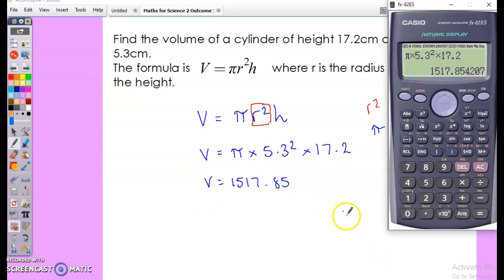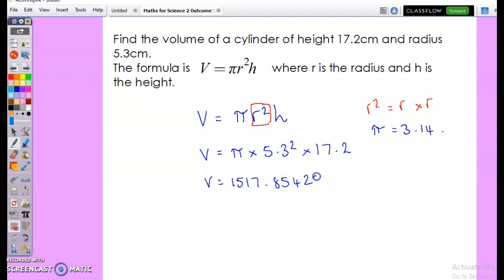What was after that? 4207. So volume, so I'm just going to add in my units just out of habit. To two decimal places, then it'd be 1517.85 centimetres cubed.